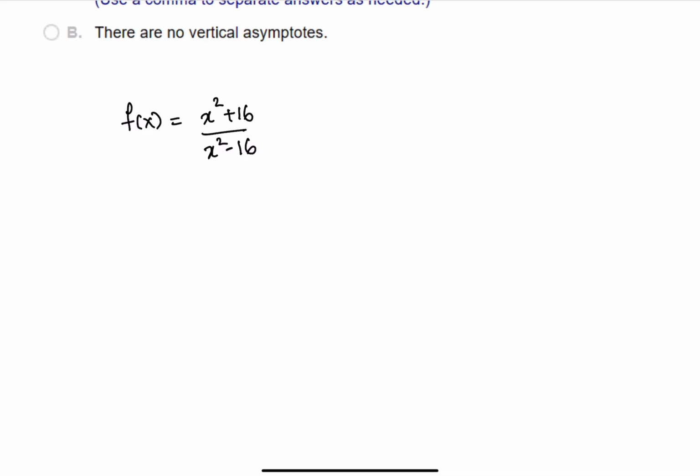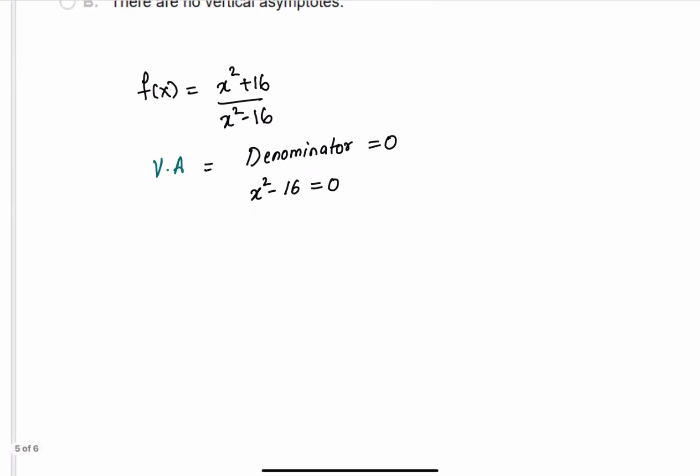Here they're asking me to find vertical asymptotes. To find vertical asymptotes, you simply take your denominator and set it equal to 0. So now I have x squared minus 16 equal to 0.